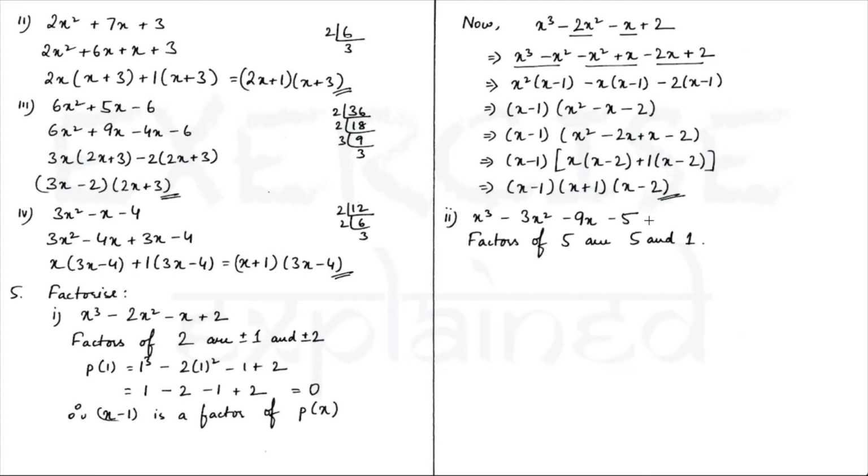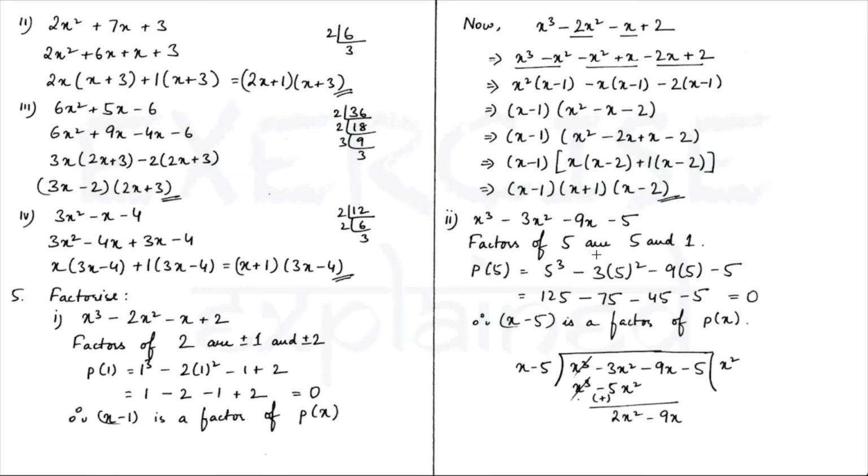Please follow this properly. So what I would be doing is substituting 5, and you can see when I substituted 5 here, I got 5 cube minus 3 into 5 square minus 9 into 5 minus 5. So what I get is 125 minus 75 minus 45 minus 5.